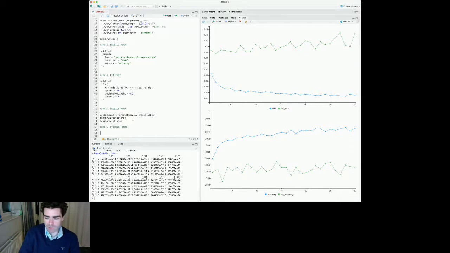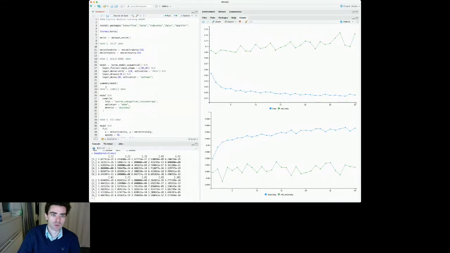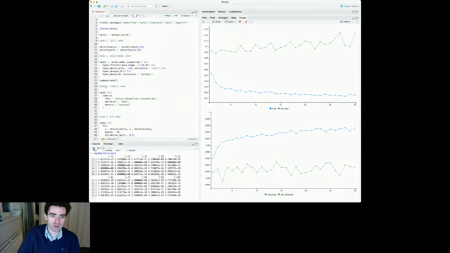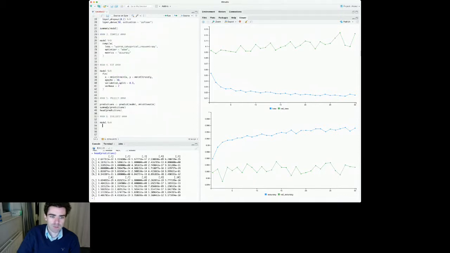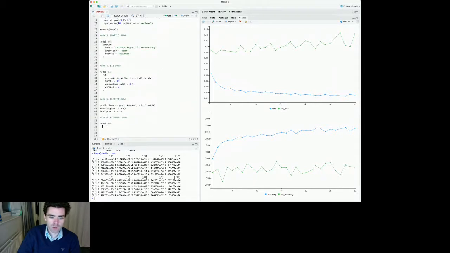Finally, evaluate. Similarly, what I want you to take away from this is just pattern match. A lot of what we're doing is just operations on the model. That was what compile was, that was what fit was, and compile, fit and evaluate are all just operations on the model.